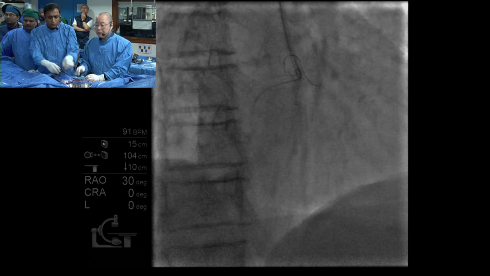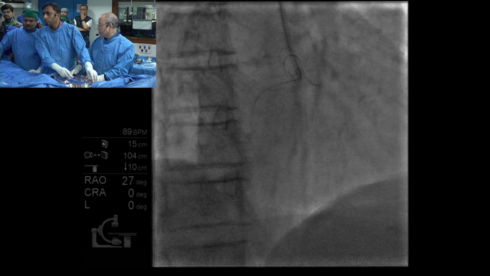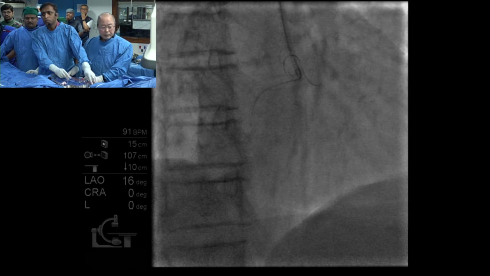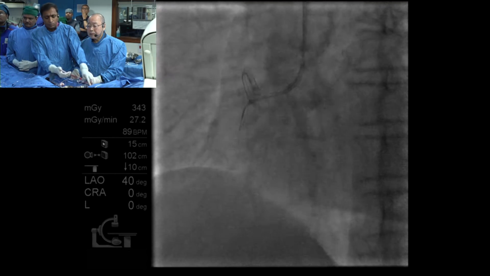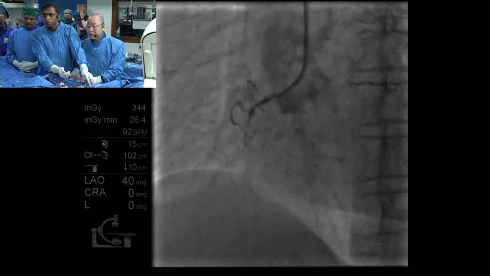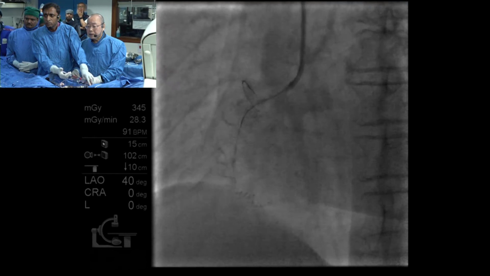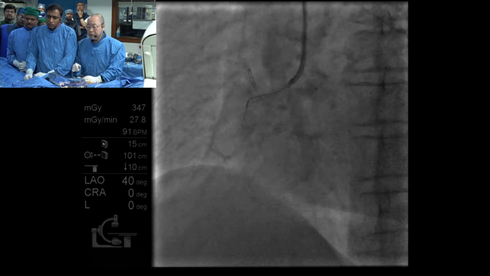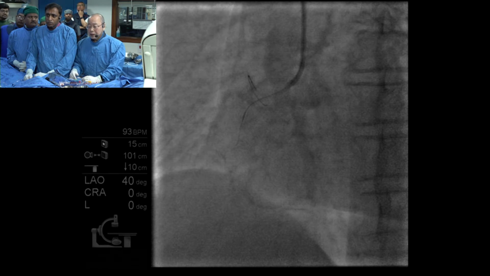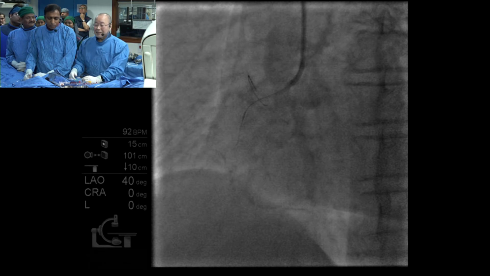Okay. Yeah, this projection is fine, but in another projection it's not good. What do I have to do?